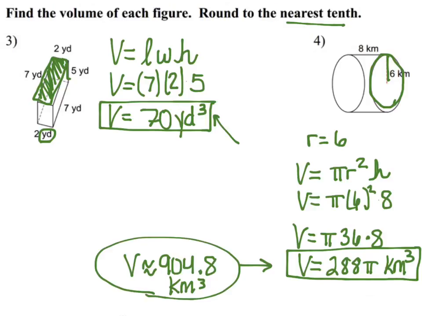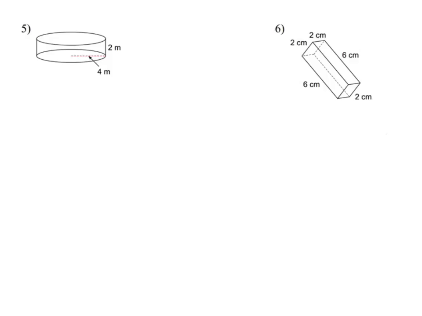Let's try 2 more, and then you will be moving on to your own practice. Okay, last 2. So again, write down your formula. Our first one here is a cylinder. So we have volume equals pi r squared times the height. Make sure that you identify the correct radius. Just like if you were given the diameter, you would have to cut it in half.